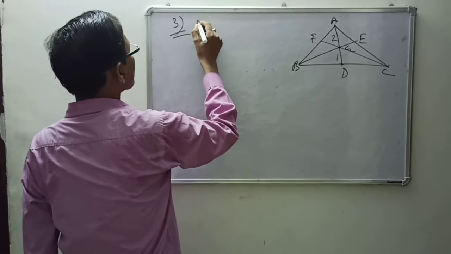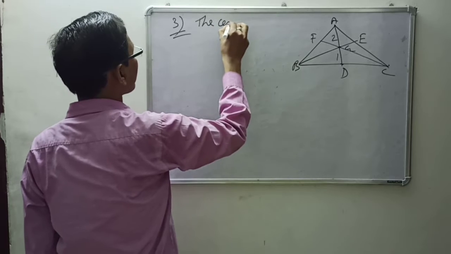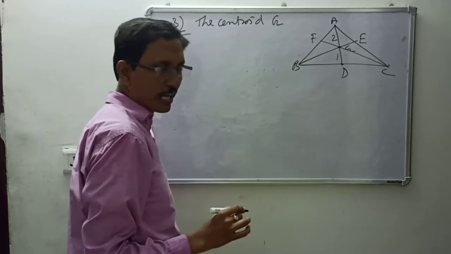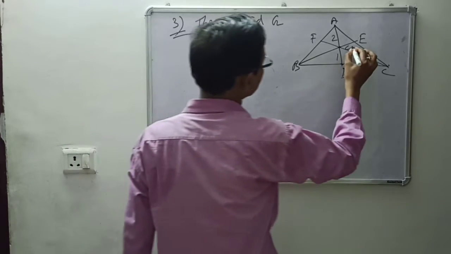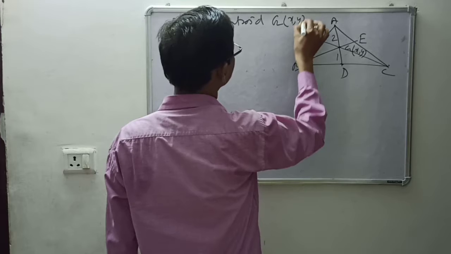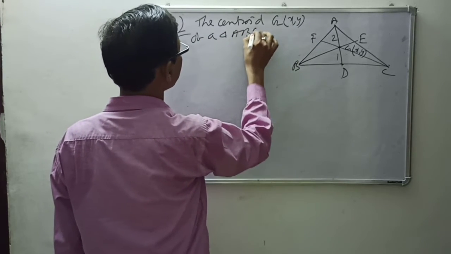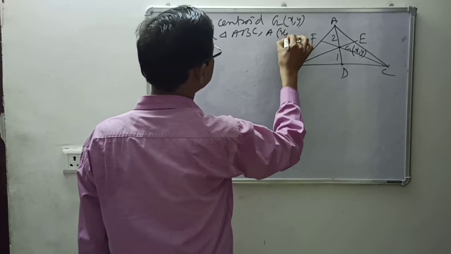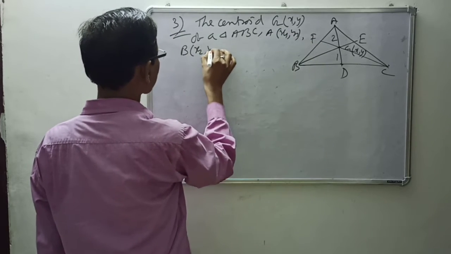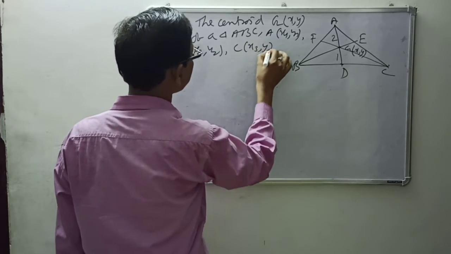The centroid of a triangle ABC. Centroid usually we denote by the point G. Suppose its coordinate is taken as (x, y) of a triangle, suppose ABC, where A is (x1, y1), B is (x2, y2), C is (x3, y3).